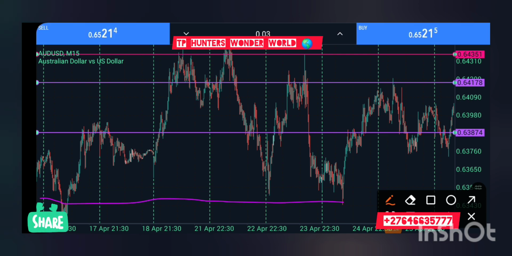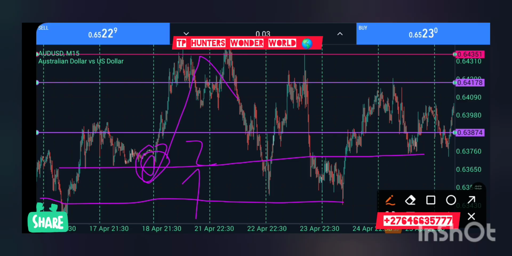Let me write 1. Here's the first breakout. Number 2, we have 2. Like I said, price will retest the second breakout, but then it has to come back and retest the first breakout.